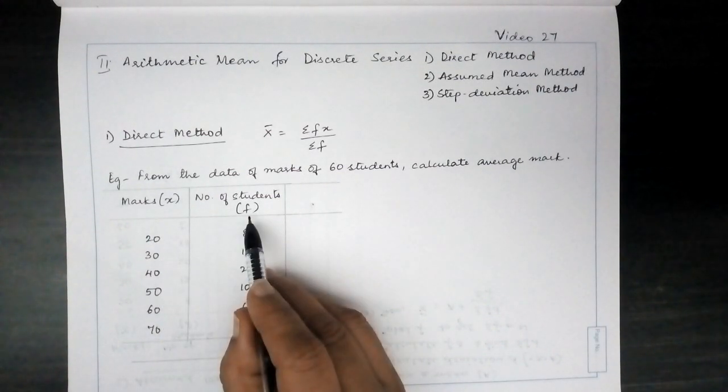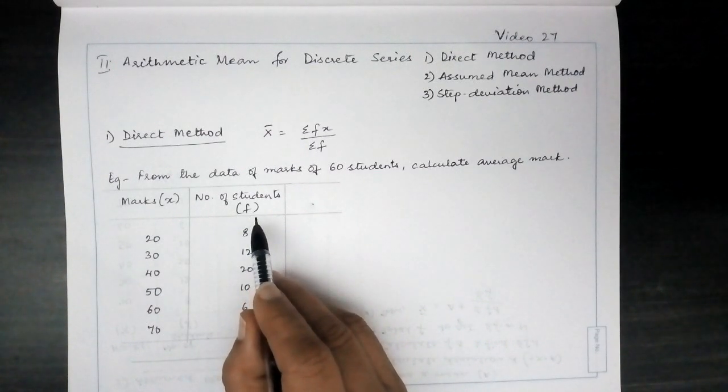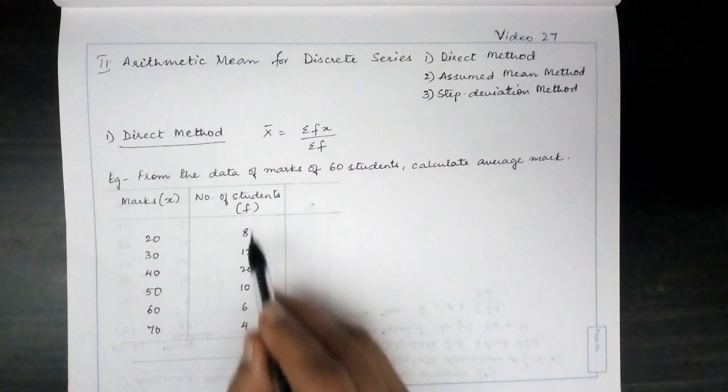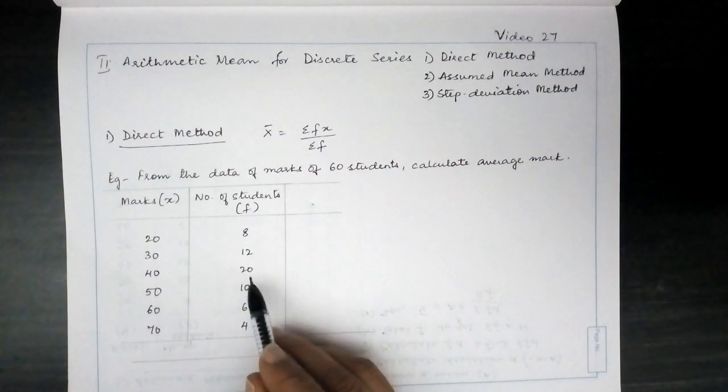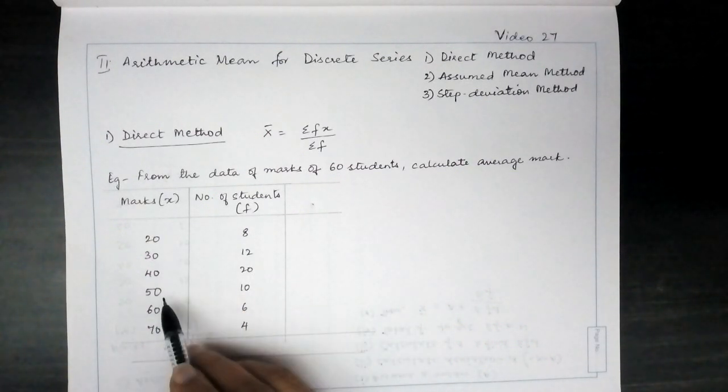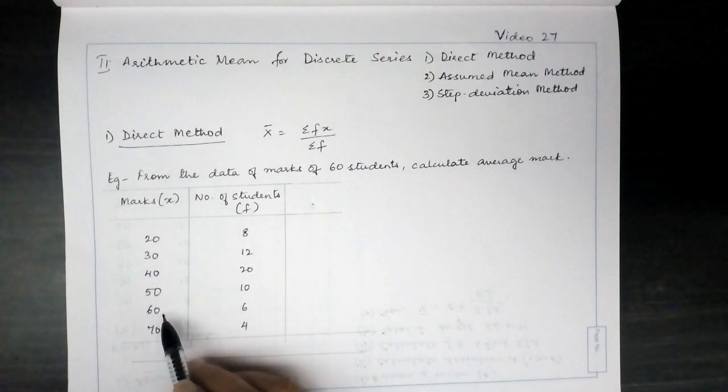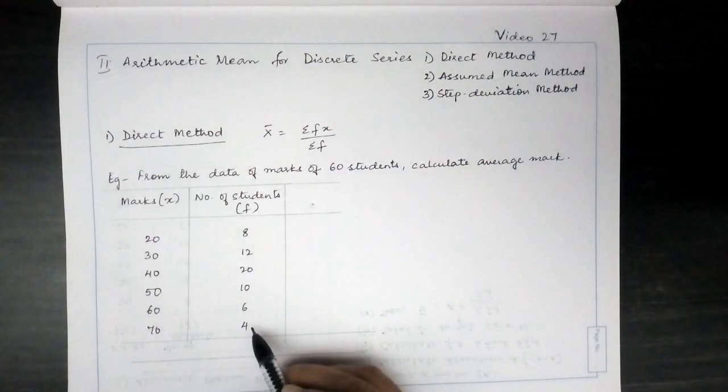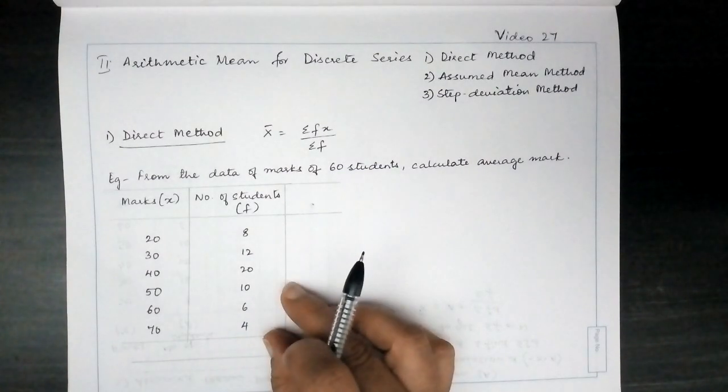That is why we are calling it frequency. What is frequency? The number of times an observation occurs. Now 40 has occurred 20 times, 50 has occurred 10 times, 60 has occurred 6 times, and 70 has occurred 4 times.